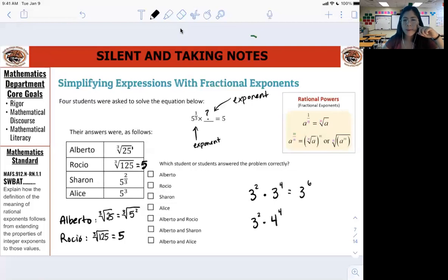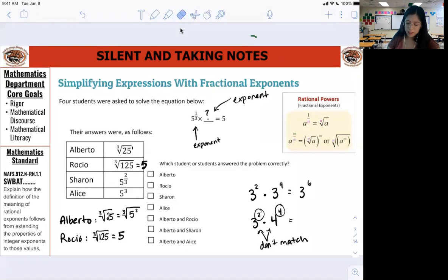Can I add those exponents? Can I also get 6? Juan's saying no. Why not? Because they don't have the same base.